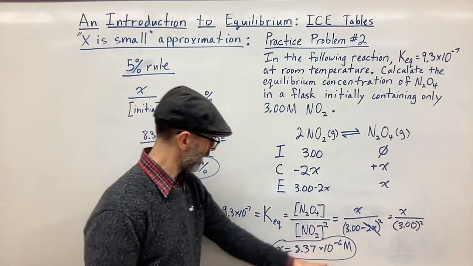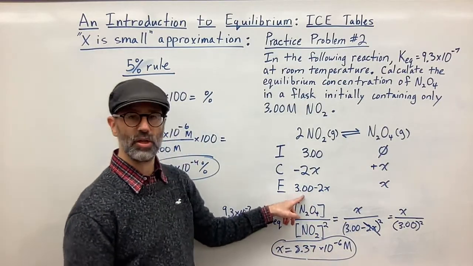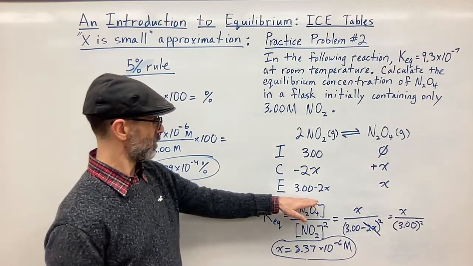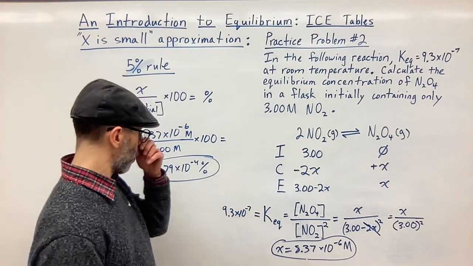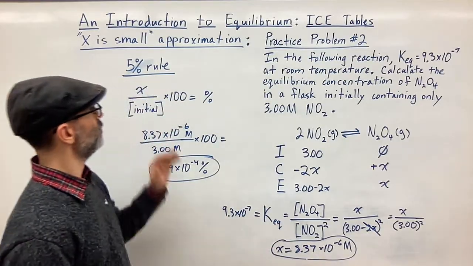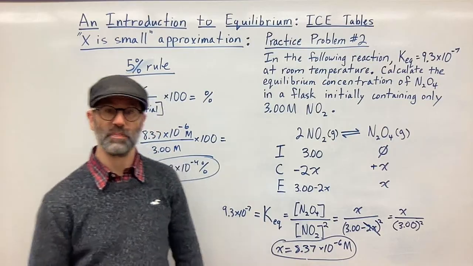So I'd multiply x by 2, then subtract that from 3.00, and that would give me my concentration of NO2 at equilibrium. Okay, so that is how you do a problem with the x is small approximation.